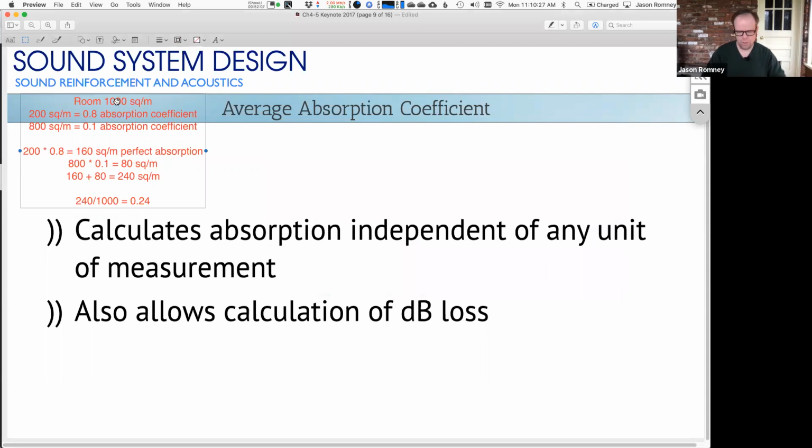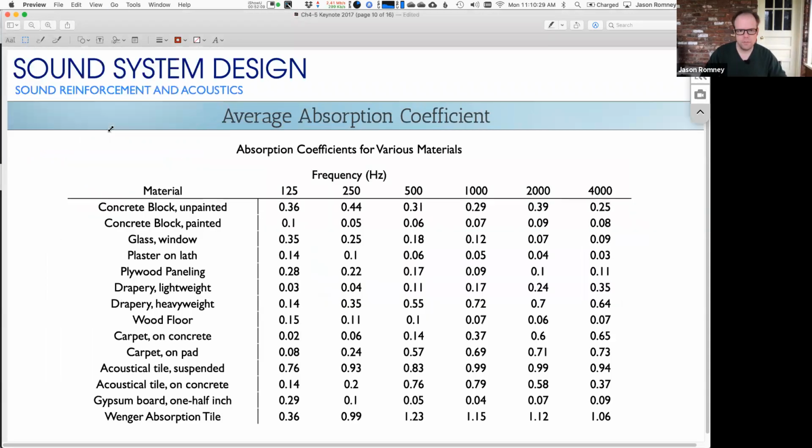All right, so let's take a look at some stuff. Here's an example of some absorption coefficients. And you may have guessed this already, but it's dependent on frequency. So here are different materials and their absorption coefficients per frequency. Take a look at that for a second and tell me if there's anything that makes you think, that's interesting.